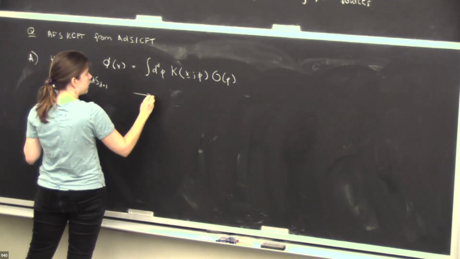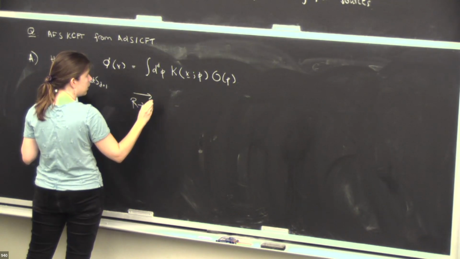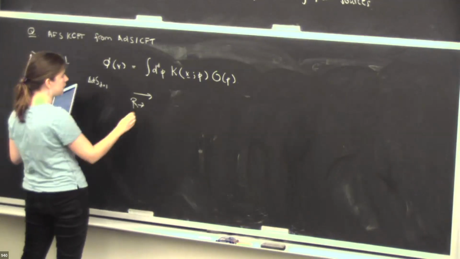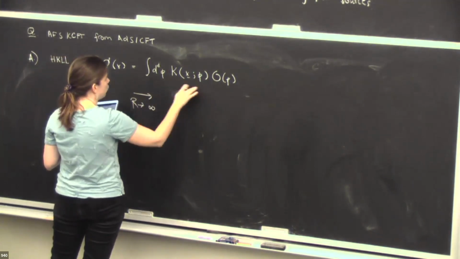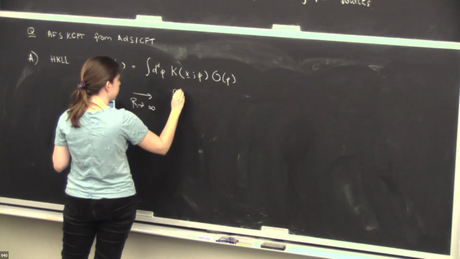What happens is that one can restore powers of the AdS radius by dimensional analysis and then take the radius R to infinity, in which case this integral turns out to become very simple, and it's roughly something like this.